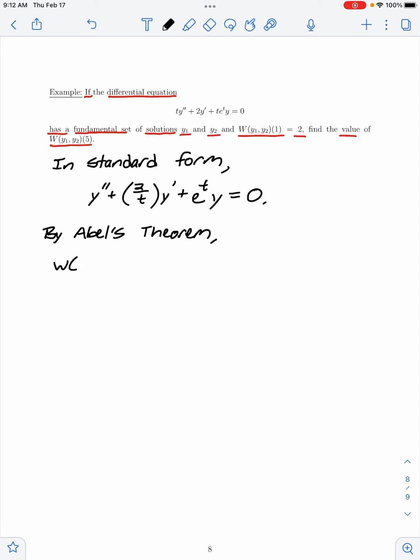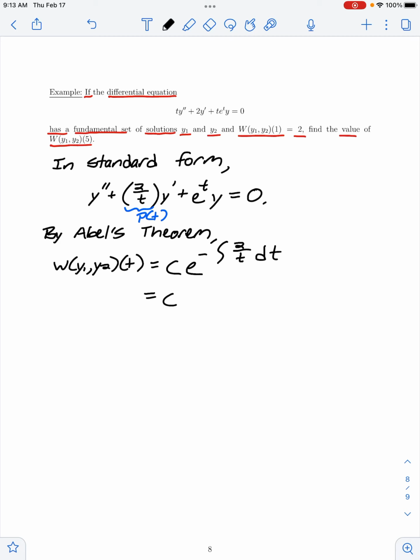which says that our Wronskian for a set of two solutions, y1 and y2, which are functions of t here, is equal to some constant c times e raised to the negative integral of p of t. Looking at our equation in standard form, we see that our p of t function is 2 over t, and here we can integrate directly.